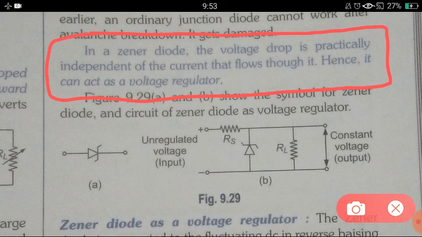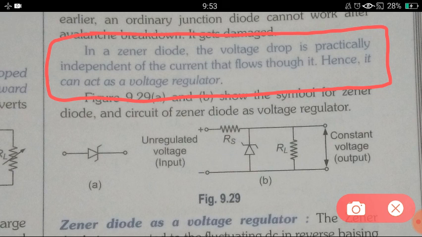Now, what is a voltage regulator? In your home, you all have fans. If you want the fan to be faster, you increase its speed by using a regulator. You can also decrease the speed of the fan by using the regulator. That regulator of the fan is made up of a Zener diode. Why? Because in a Zener diode the voltage drop is independent of current.